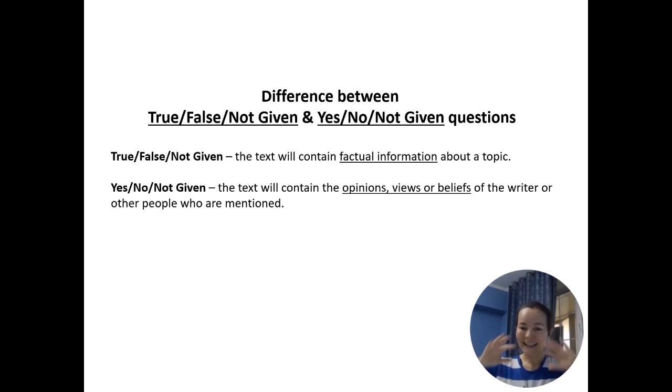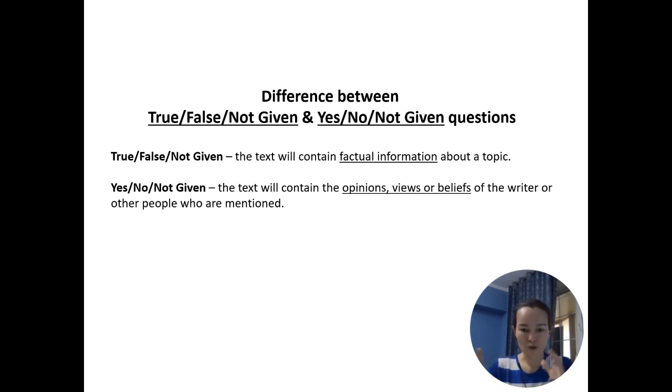Basically, in general, true, false, not given is about facts. The sentence contains a fact, and in the text you need to locate this fact. Is it true? Does it contradict? Or maybe this fact is not given. Yes, no, not given is about opinions, views, beliefs of the author.